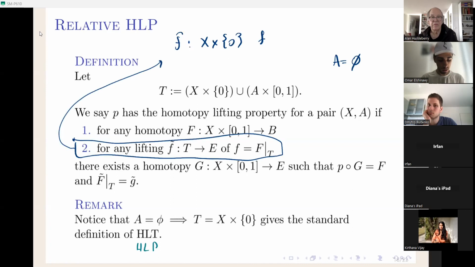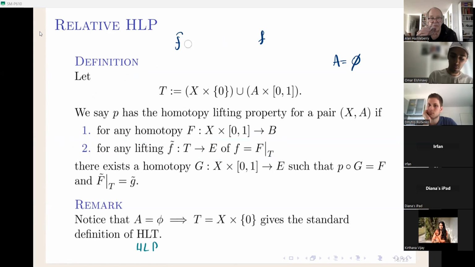I have a slight problem here. Okay, maybe let's not give this remark. But in general, one could show that if you take A to be the empty set, you just get the homotopy lifting property for the projection of fibration P and a space X.